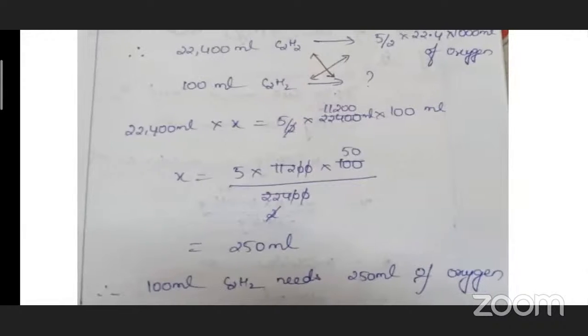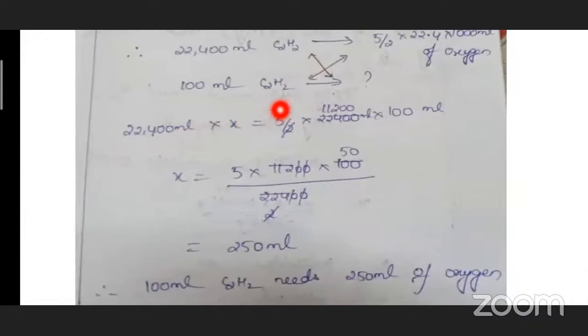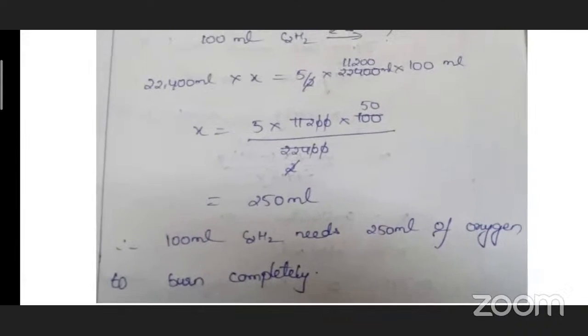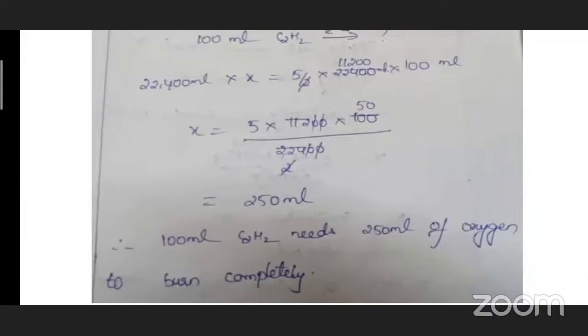And we are given 100 ml of acetylene. So how much oxygen is required we have to find out. Simply cross multiply it. Upon cross multiplication and simplification, we get 250 ml. So 100 ml of acetylene needs 250 ml of oxygen to burn completely.